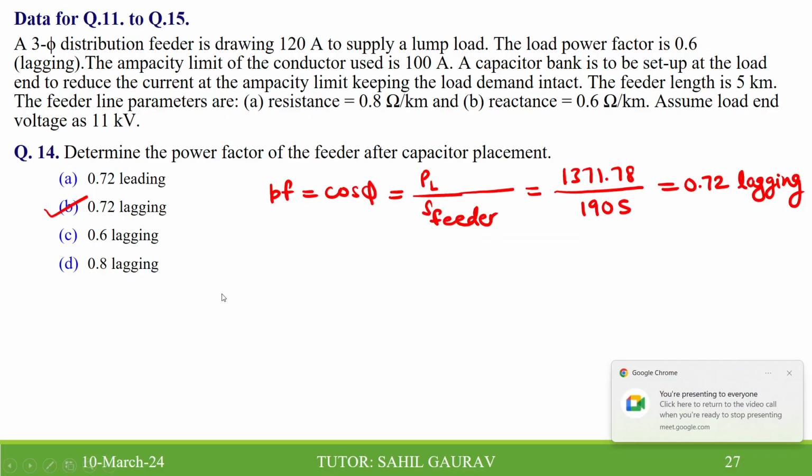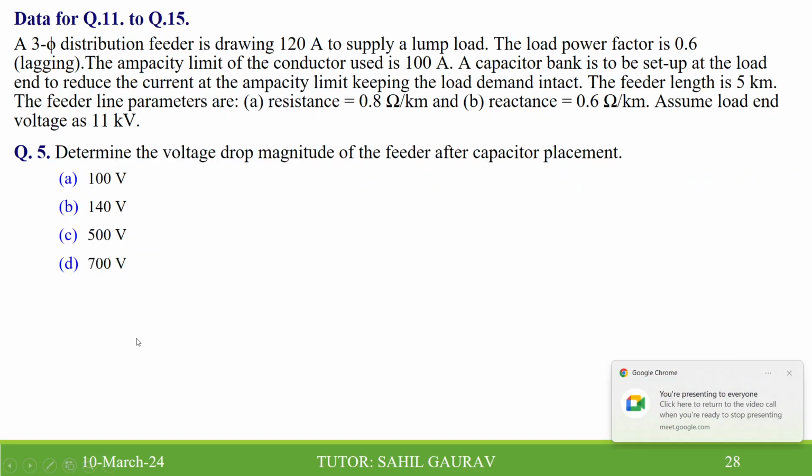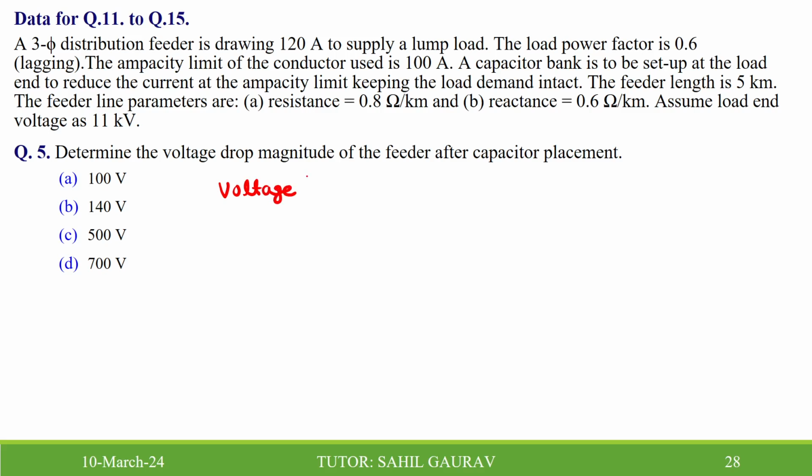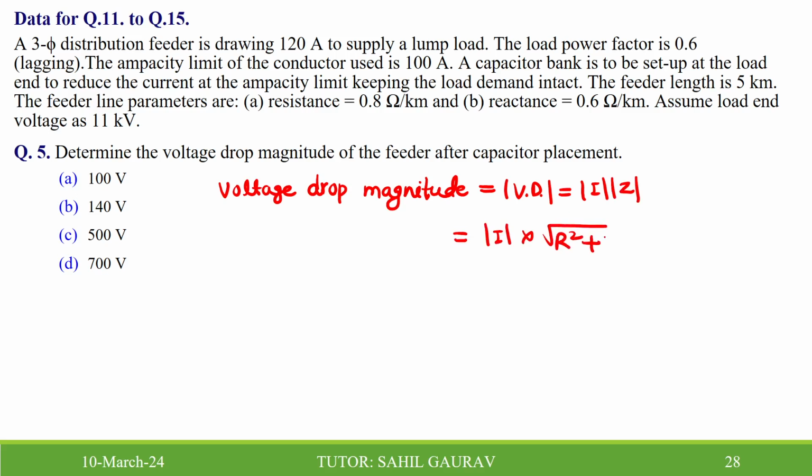So let us see the next problem. Here in this problem, we have to find the voltage drop magnitude. So voltage drop magnitude will be current into line impedance, I into Z. I is the ampacity limit, which is given as 100 ampere, and Z will be the square root of R square plus X square.